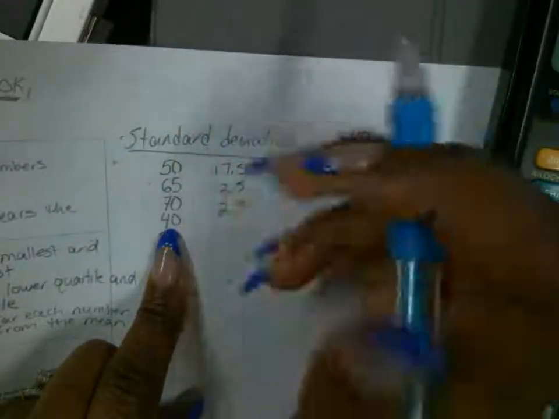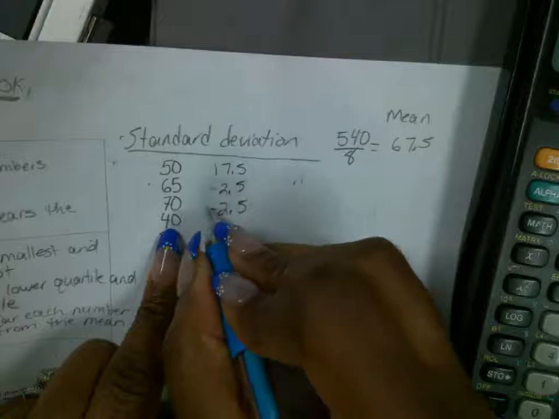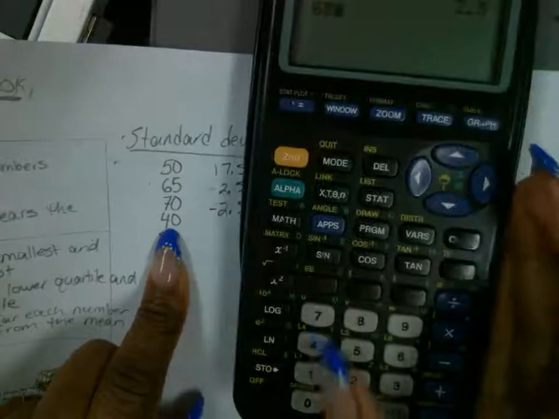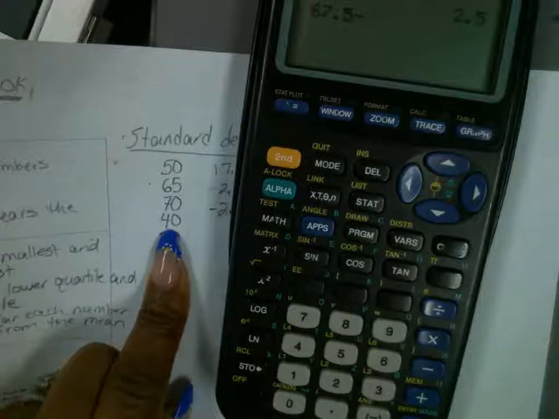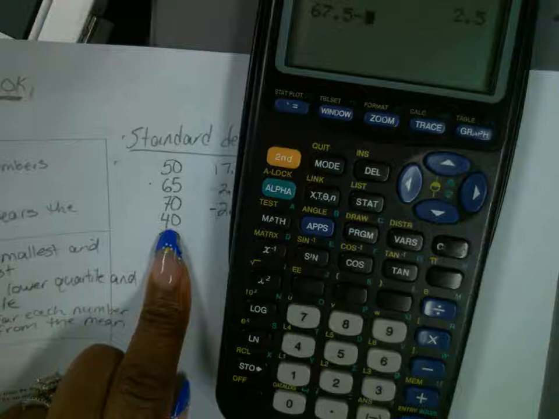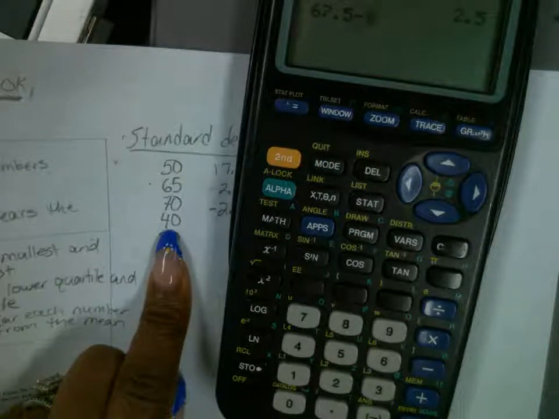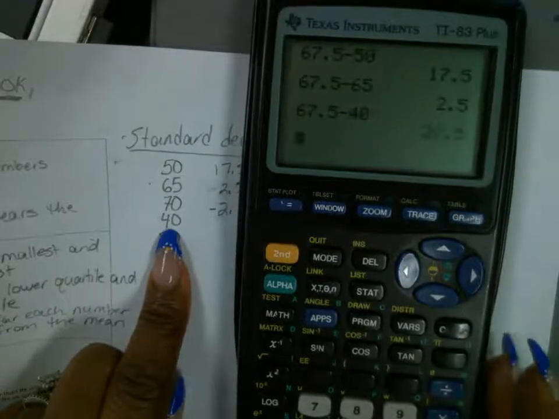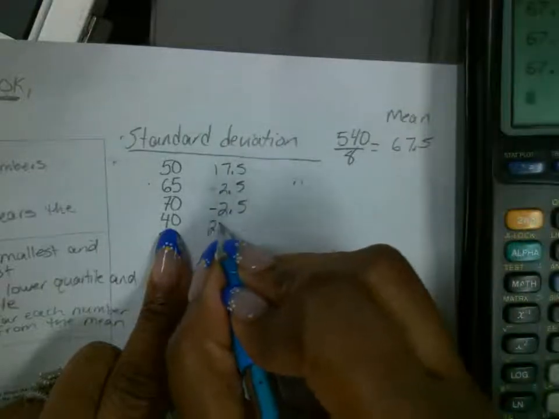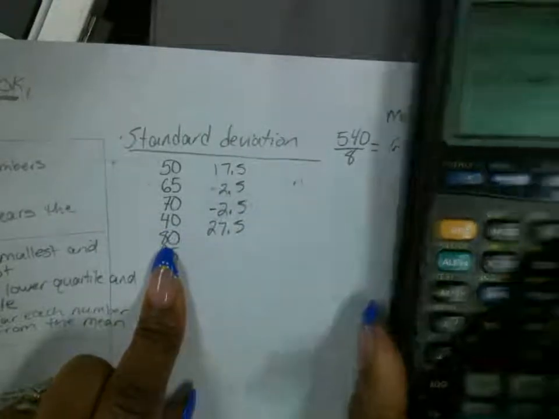We're on the right track. And then what's 67.5 minus 70? Minus 40, and what does that give you? 27.5.